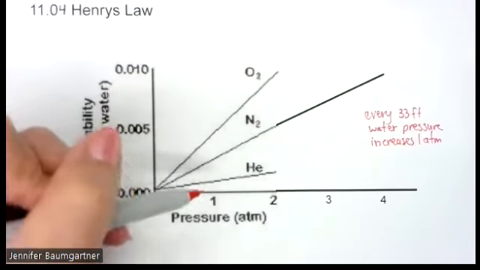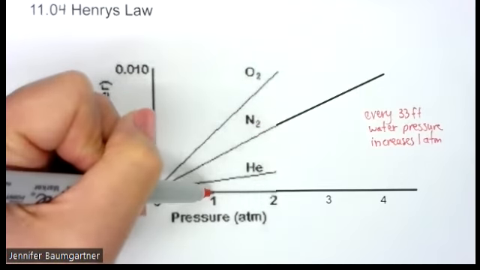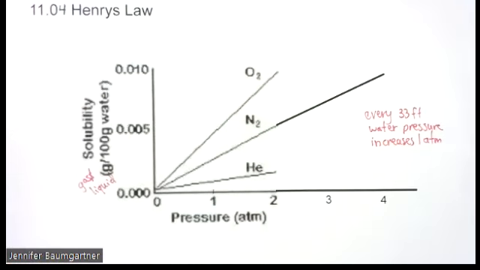Now, as I'm sitting on the boat, I'm under 1 atmosphere of pressure. And we have gases dissolved in our blood. We have oxygen dissolved in our blood. That's how we're able to breathe. Our body carries oxygen and carbon dioxide around in our blood. Nitrogen, we have it in our blood, but it's not something that we tend to take in and give off. So we usually have a static amount.